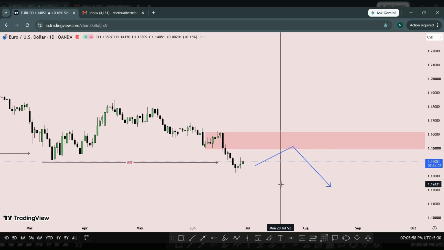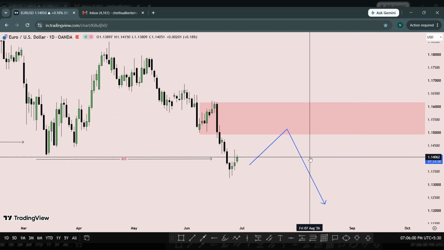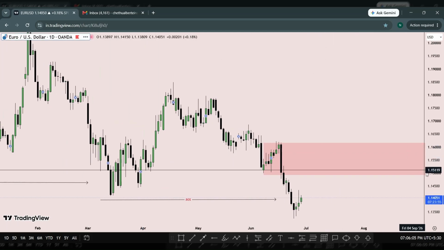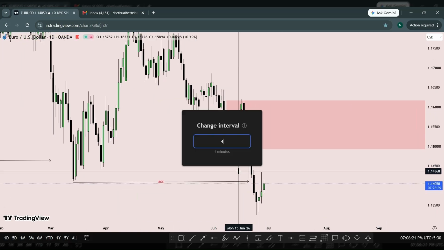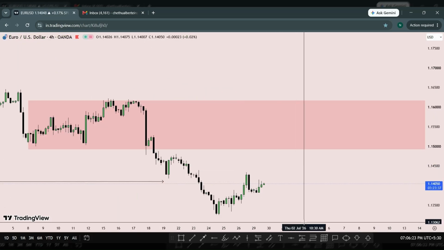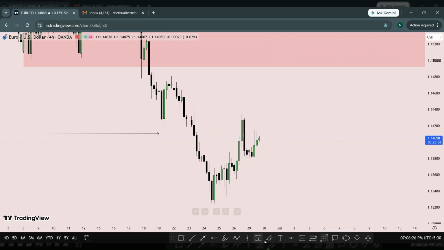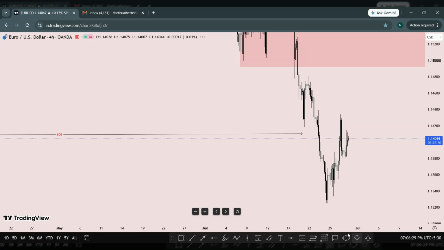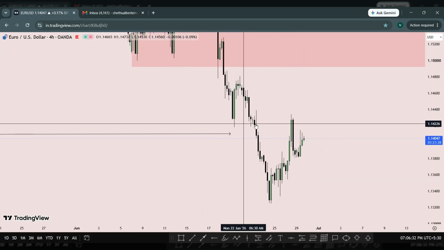Switching to the daily chart. In the daily chart, we cannot say anything about what will happen because it's the same as the weekly chart. So let's switch to the 4 hour chart. This is a strong support and resistance.